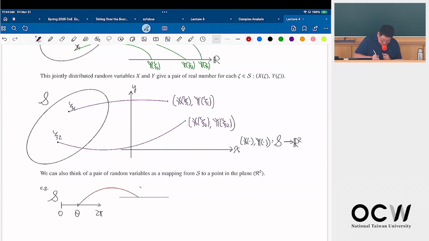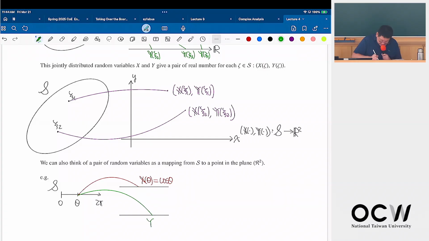This will be x of theta, that's cosine theta. And I can also map this theta to sine, which is y of theta, that is sine theta.